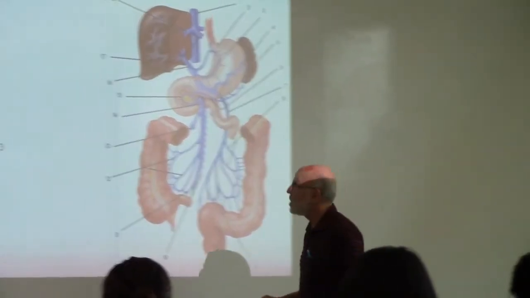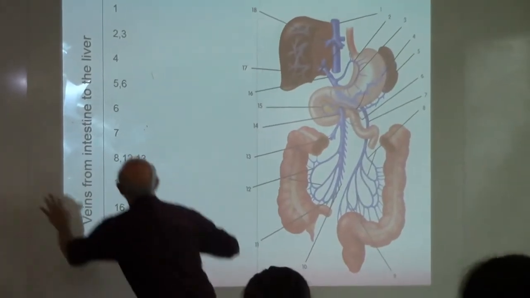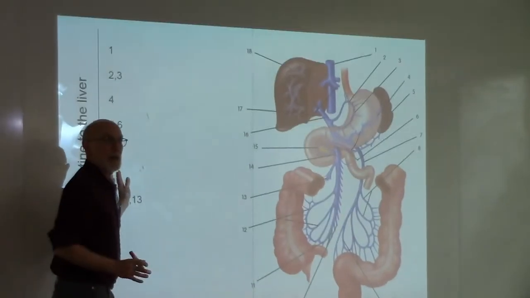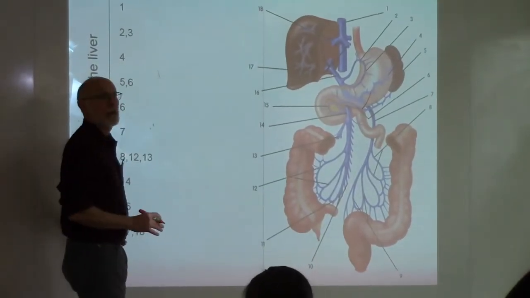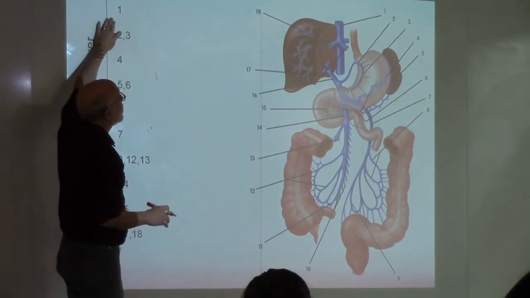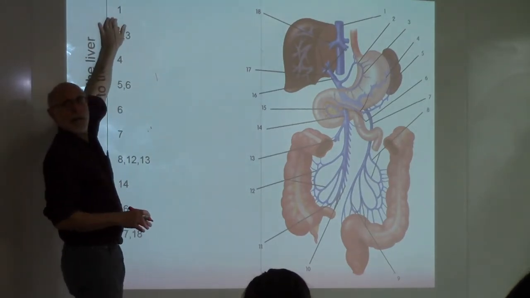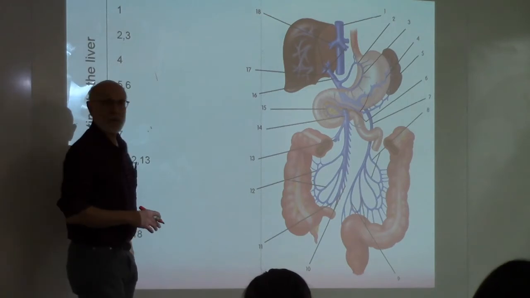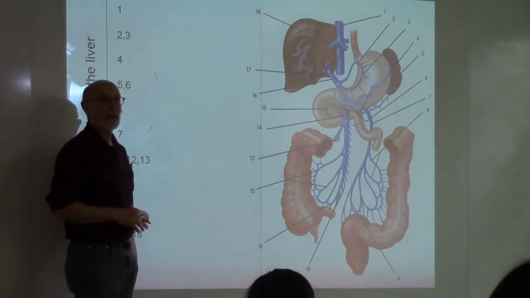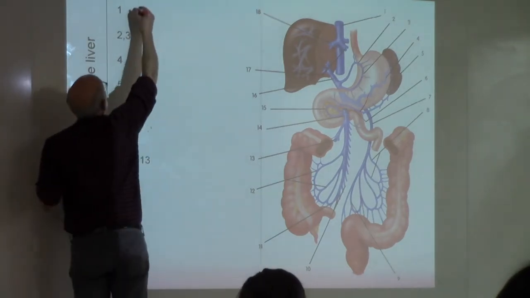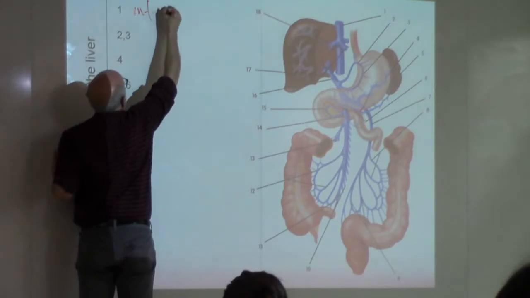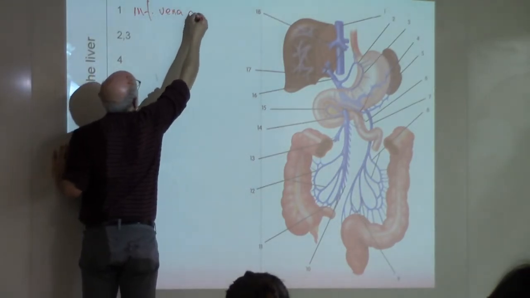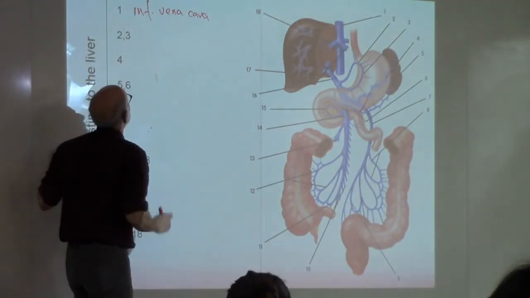Okay. So there are some of these that I do want you to know, and some of them that you don't. So let's just go through the ones that you do need to know. What's number 1? Abdominal aorta? These are veins. That would be a wrong answer. Inferior vena cava.